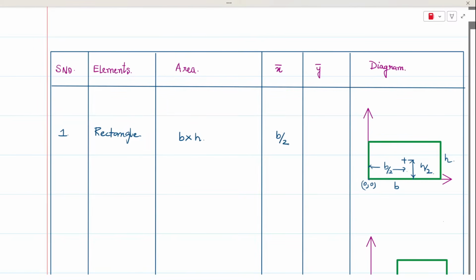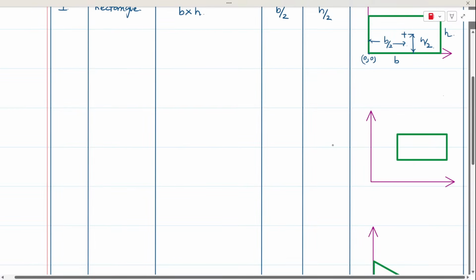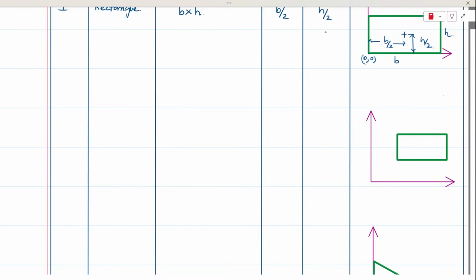So this will be b by 2 and h by 2. This is for the rectangle. Now, if the vertex of the rectangle is coinciding with the origin, then centroidal coordinates are directly expressed in terms of dimensions of the rectangle, that's straight away b by 2 and h by 2.